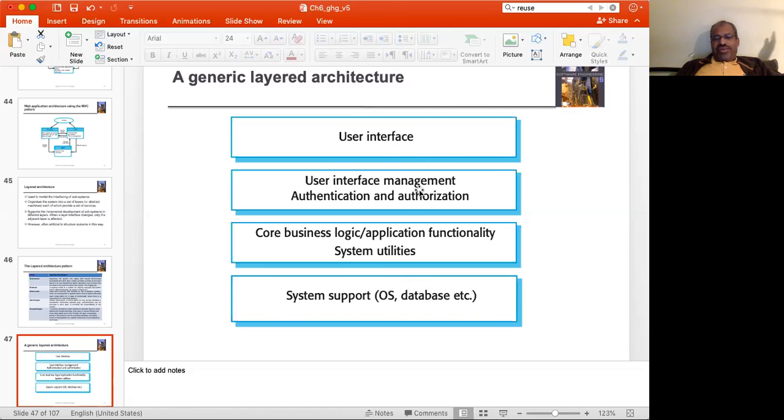So this is a layered architecture that separates the user interface from user interface management software and things like validation, authentication and authorization, which is again separate from the core business logic and application functionality, which might change often because of new requests from management. These are separate from the underlying utilities and system support components like a database.